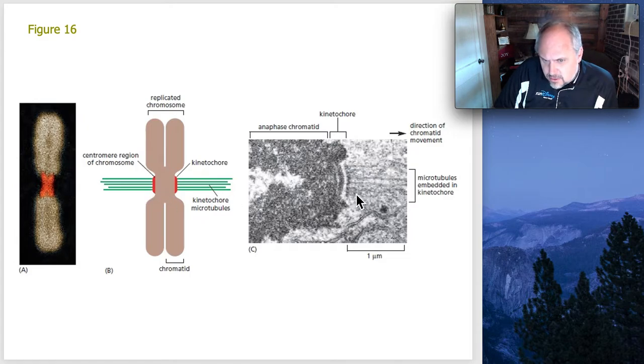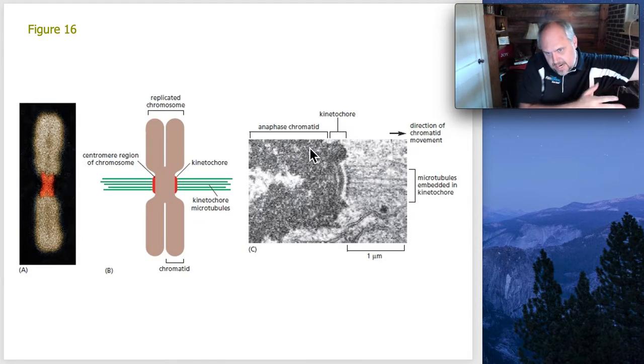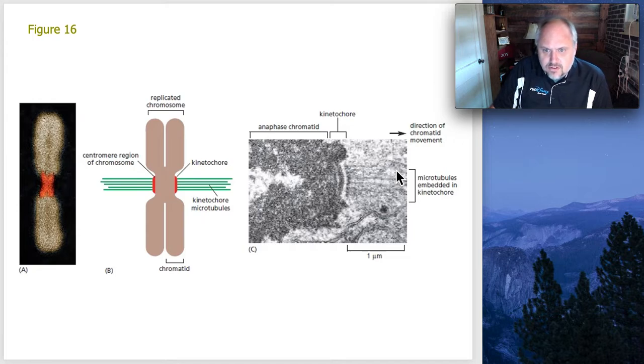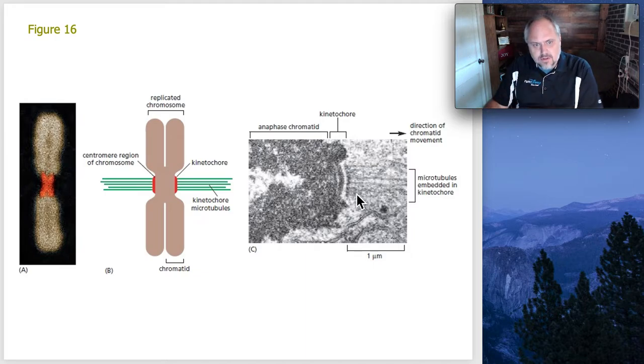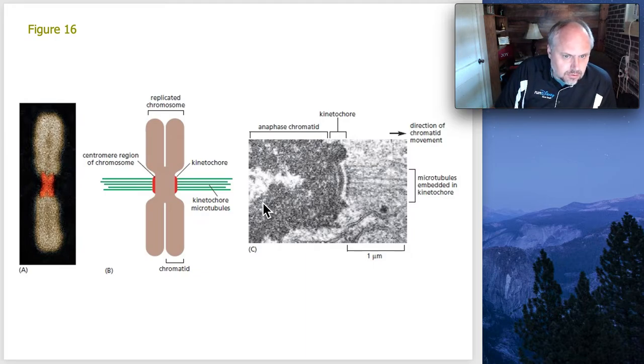You can see them here in the picture. Here's the centromere, these would be the arms, and you can see them dragging back. Pulling would be this direction, and here would be the proteins of the kinetochore. These would be attachment proteins, and these would be the microtubules that are attached. In the next phase, we will begin to pull those apart.